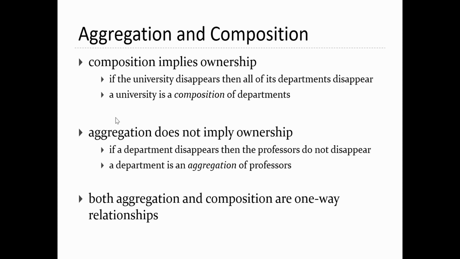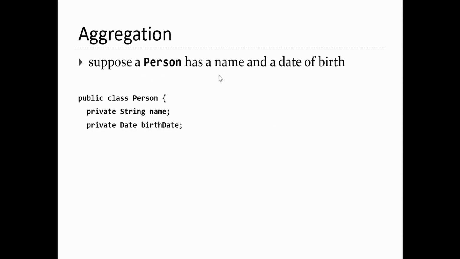Similarly, a department is an aggregation of professors, but a professor is not an aggregation of departments. So aggregation and association are almost identical; the only difference is that you can't have a two-way relationship in aggregation.